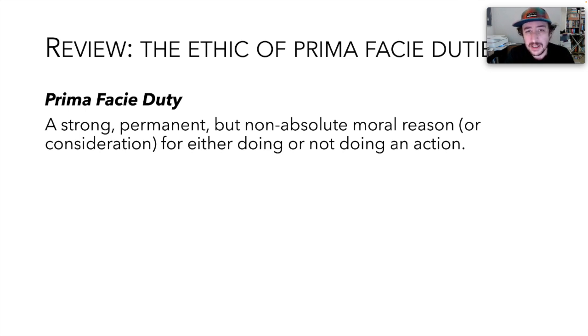So the fact that something keeps a promise, the fact that something does good for another person, the fact that something does not cause harm to another person, the fact that it does justice, the fact that it shows gratitude for some good that someone's done for you. All of those are strong, permanent, but not absolute moral reasons or considerations in favor of doing the action.